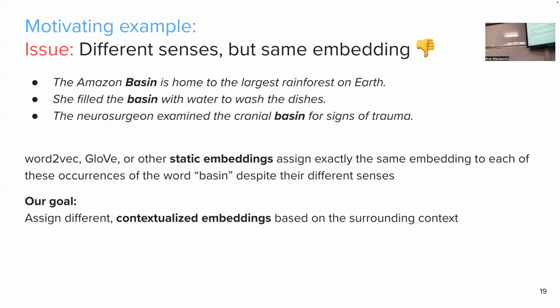Whereas it would be better that we look around a little bit and see what else is in this input. And upon seeing a word like Amazon in the first example, we would tweak the token embedding of Bayesian to capture that we're talking about a particular sense of that word. And exactly what I'm describing now is what self-attention is going to help us with.